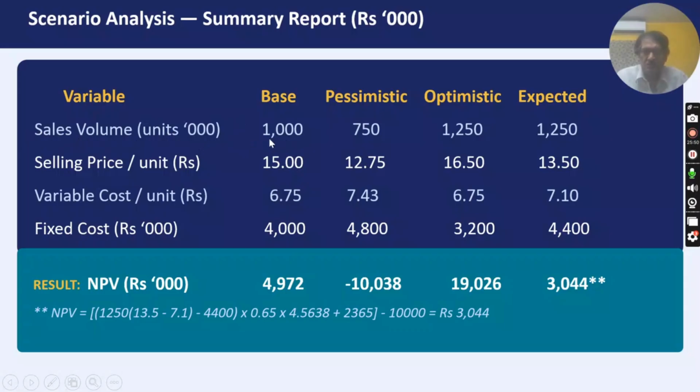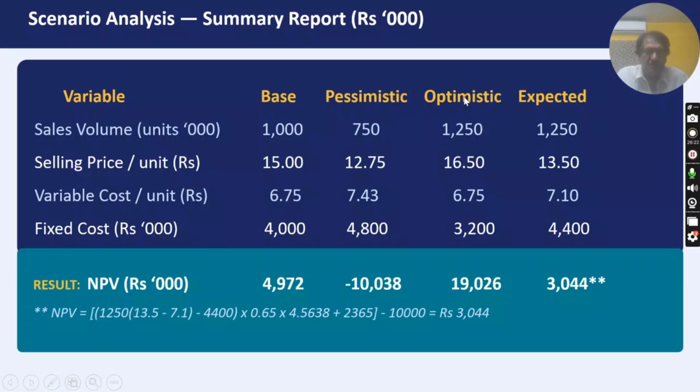Best situation, sales volume is this, sale price this, and if the situation is pessimistic, then the expert or decision taker estimates that the sales volume will go down to 750, because in the pessimistic case sales will go down, selling price down to 12.75 instead of 15.75. In this way, variable cost will increase as the situation is pessimistic, and the fixed cost will increase to this.